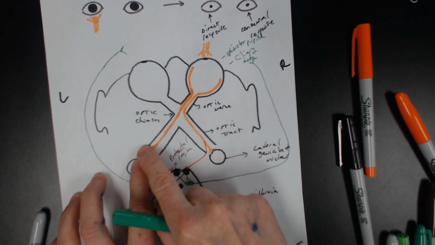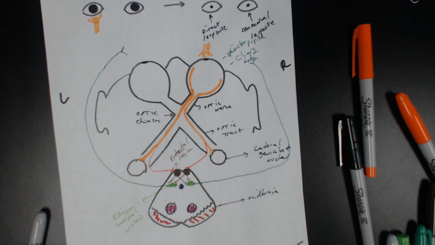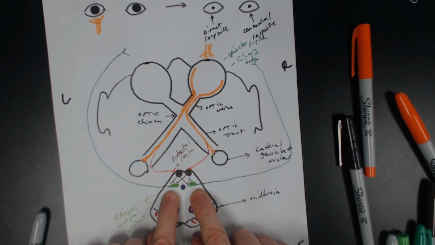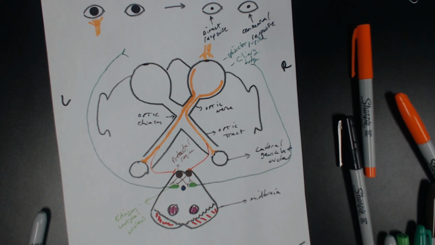This just has to do with vision. Okay, the pupillary constriction has to do with making it all the way down to the level of the Edinger-Westphal nucleus, because the Edinger-Westphal nucleus is the one that's responsible for the pupillary constriction through cranial nerve number 3. Okay, so does that make sense? Other questions?